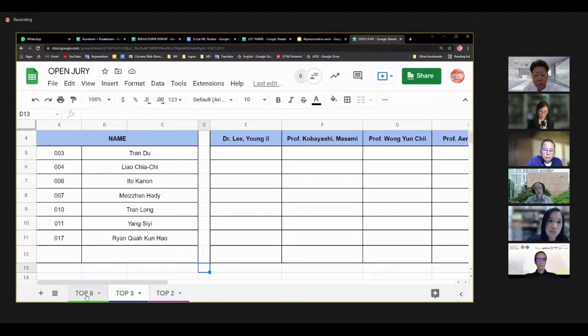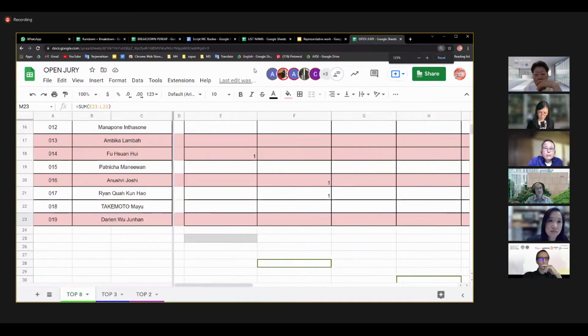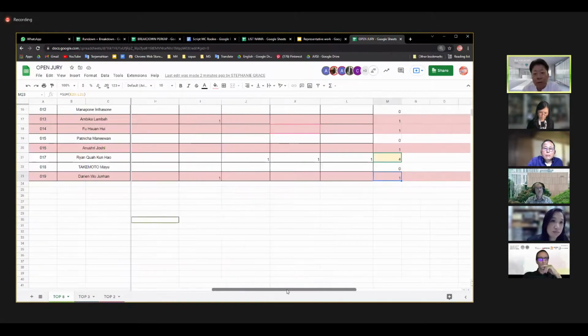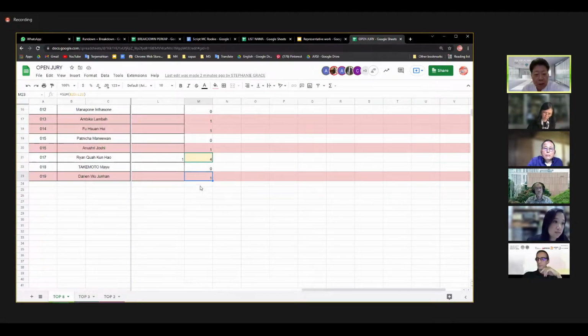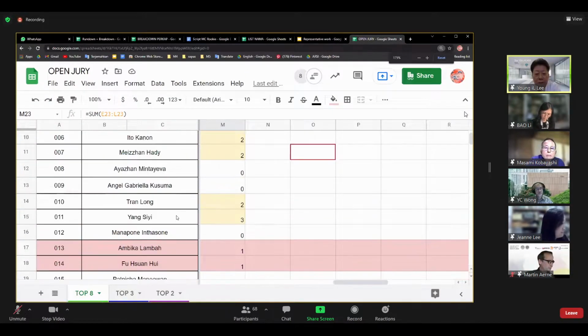For the first stage, we have to choose 8 contestants. Number 3 got 4 votes, and number 17 also got 4 votes.